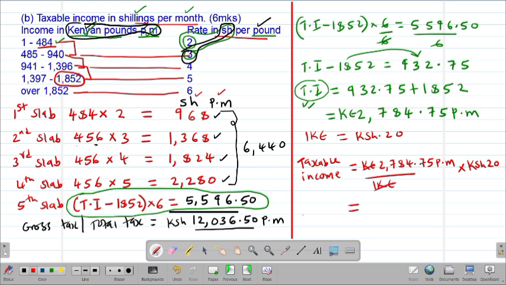So you take 2,784.75 multiplied by 20. Your calculator will give you 55,695 shillings per month. Therefore, this will be our taxable income.